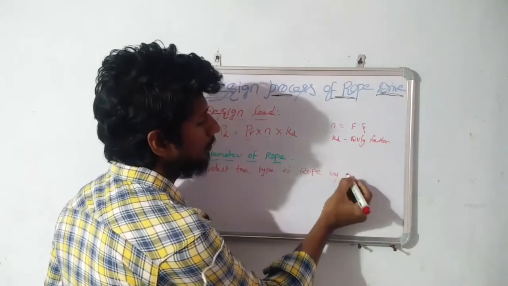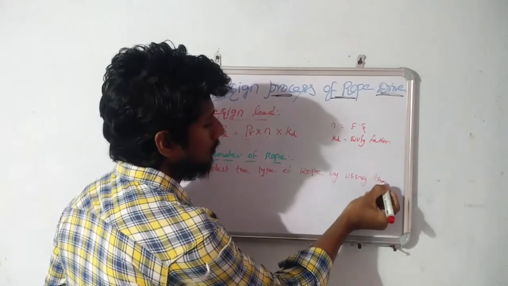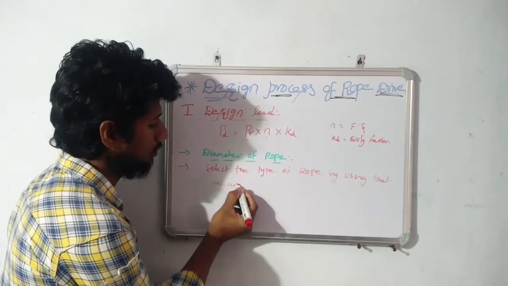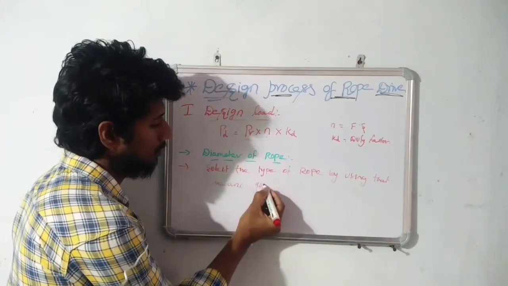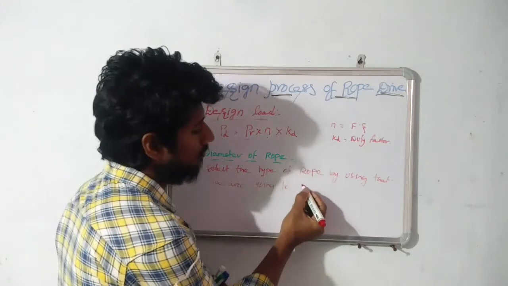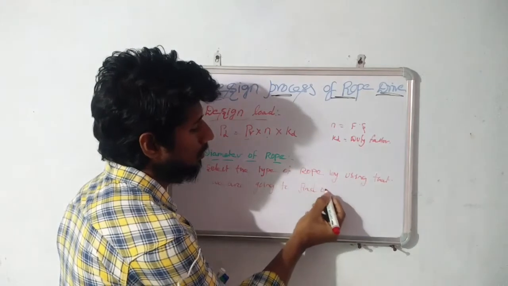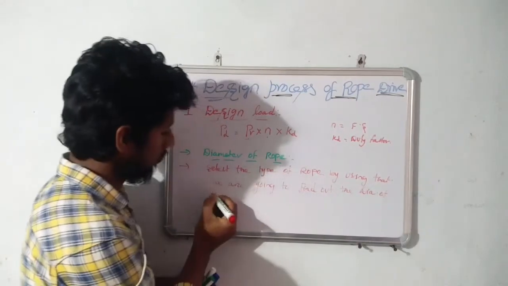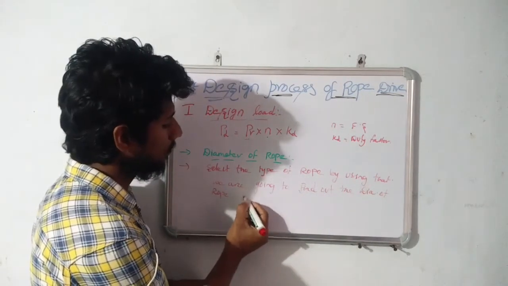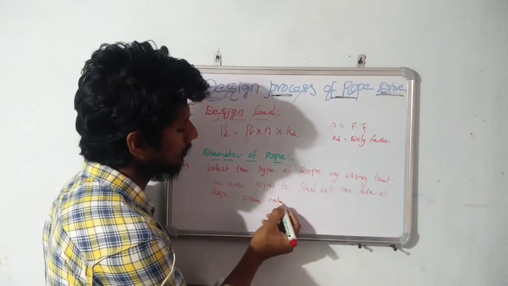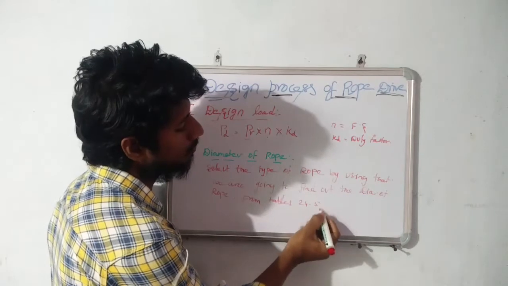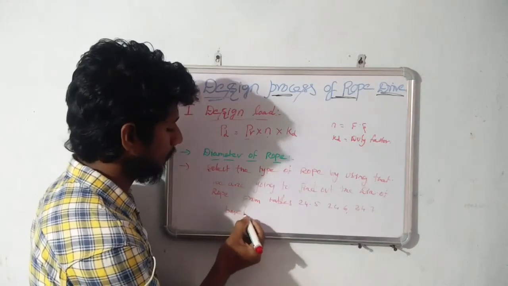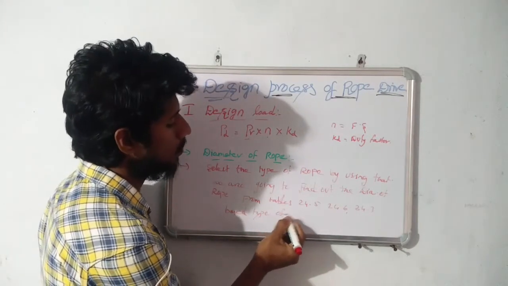By using the type, we are going to find out the diameter of rope from the tables 24.5 or 24.6, 24.7 based on the type of rope.